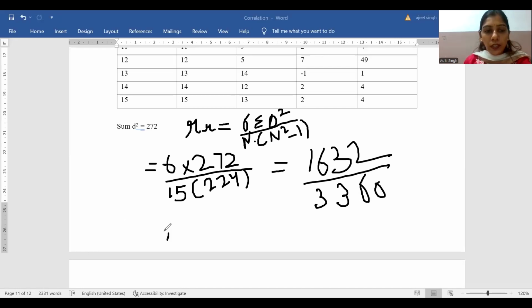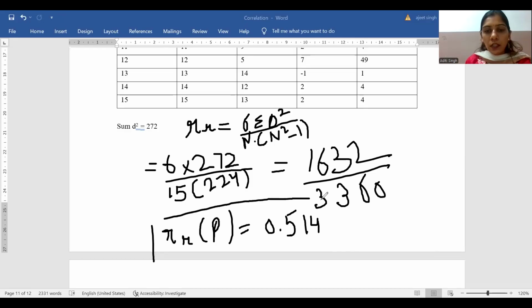So when we calculate this, the value of R, or you can say the value of rho, will be, after calculating, 0.514. Okay, so this is the answer of calculating Spearman rank correlation coefficient.